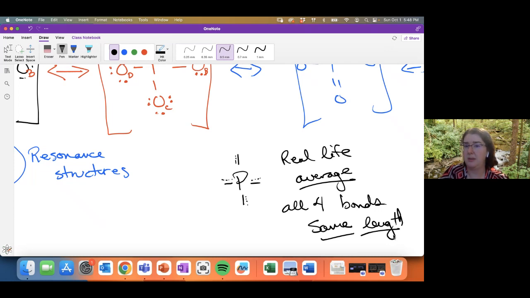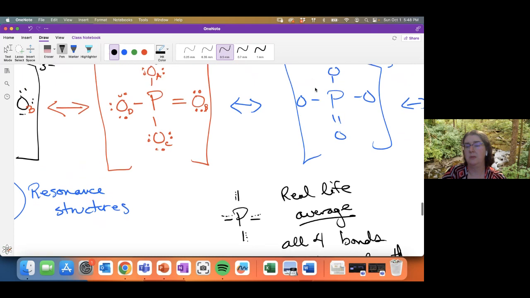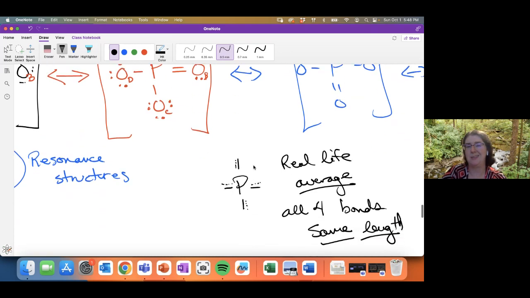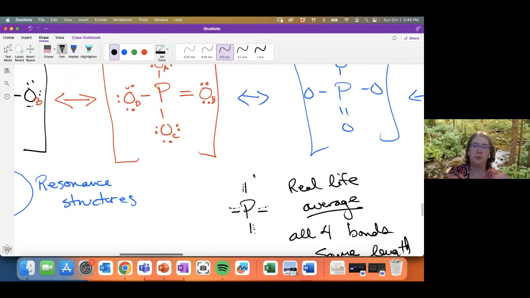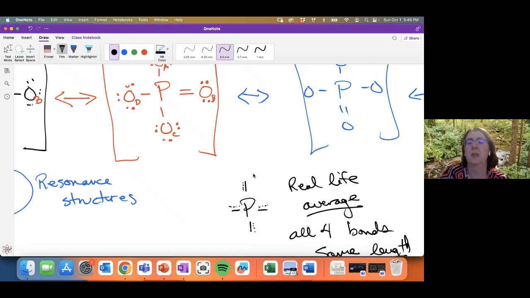And if they're all the same length, then this notion of what I drew with 1 double and 3 singles isn't right. So the reality is that they kind of average all out so that electron density is kind of ooched out over the entire molecule.